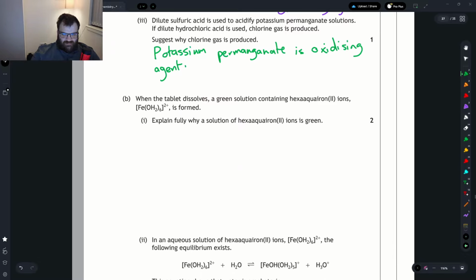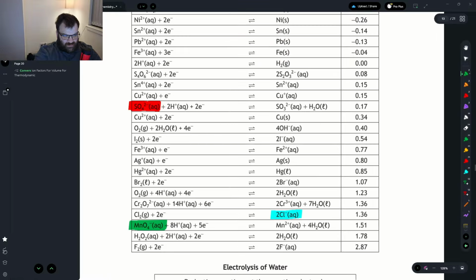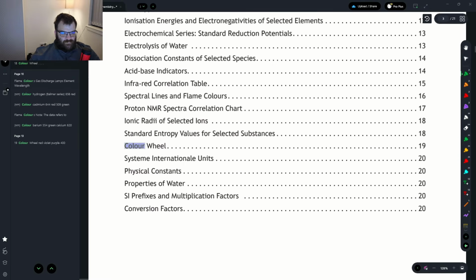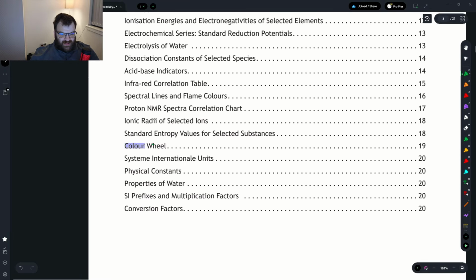In this one, we're talking about why a transition metal complex is green. So it's again to do with complementary colours. Looking at our colour wheel, purple is complementary to green.